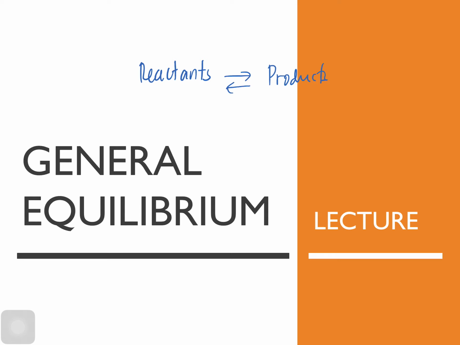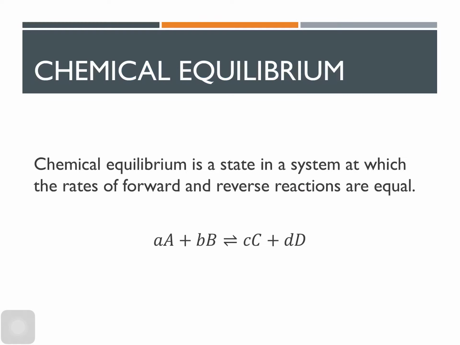If two reactions are happening at the same time in a given system, we call that chemical equilibrium. Chemical equilibrium is a state in which a system is having an equal tendency of forward and reverse reaction. The rates of the reaction are equal.